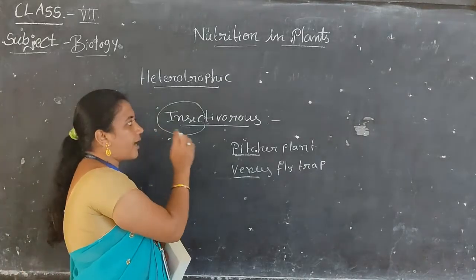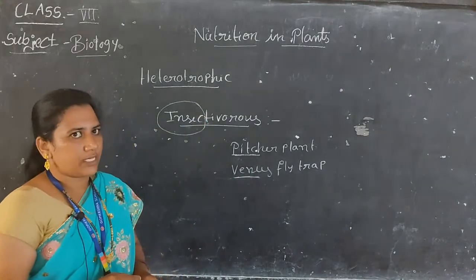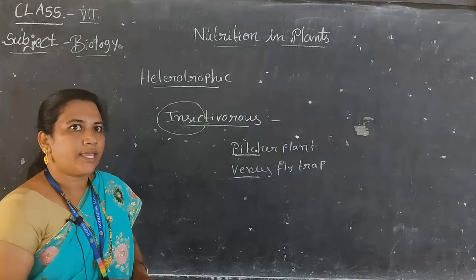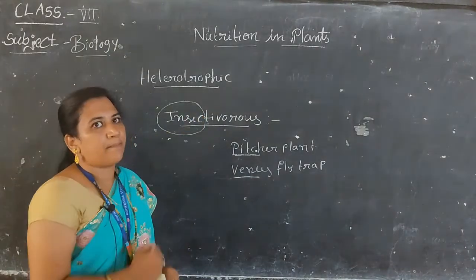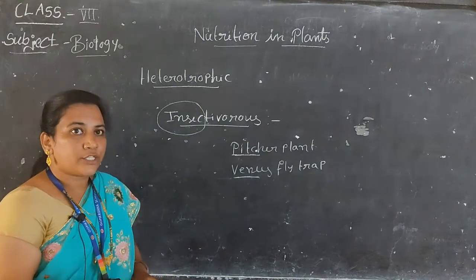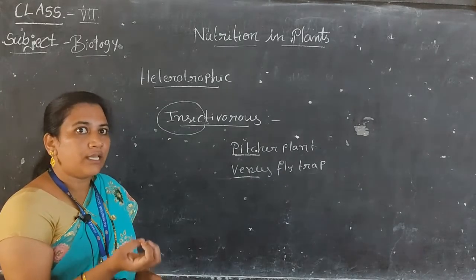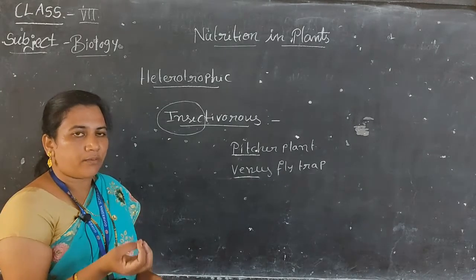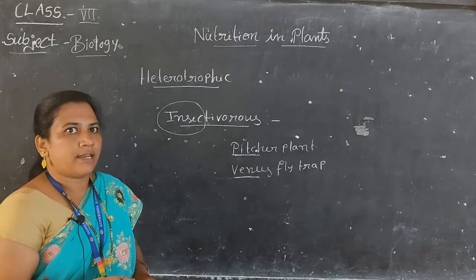Insectivorous plants are one type of holozoic nutrition. In this, insects get trapped by the plant. These plants have digestive enzymes to digest the insect. Insects contain proteins, and from there the plant absorbs nitrogen.